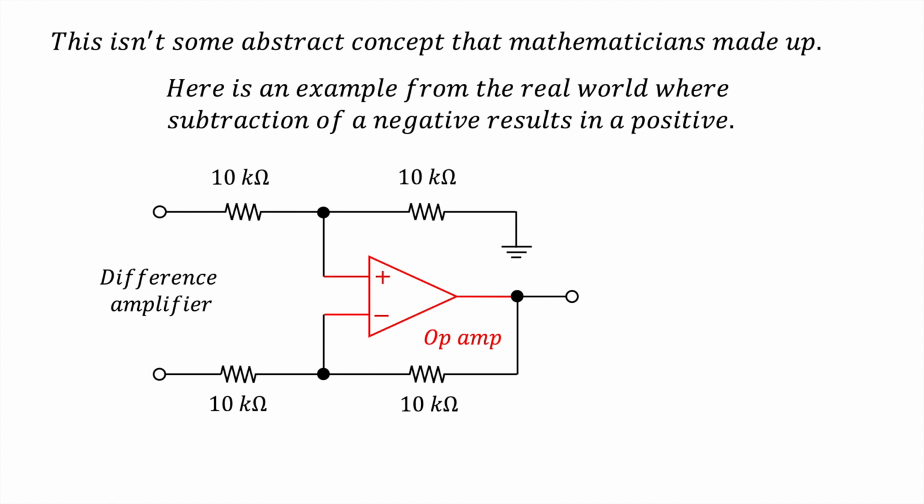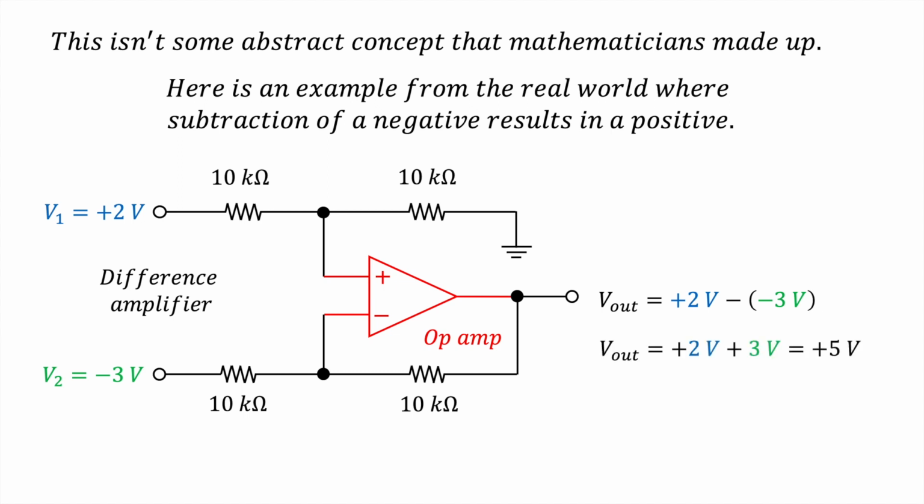Remember that a difference is found by the mathematical operation of subtraction. If the first voltage V1 is positive 2 volts and the second voltage V2 is negative 3 volts, then the output voltage Vout will be the difference between positive 2 volts and negative 3 volts, which will be positive 5 volts. This amplifier circuit can be built for just a few dollars.